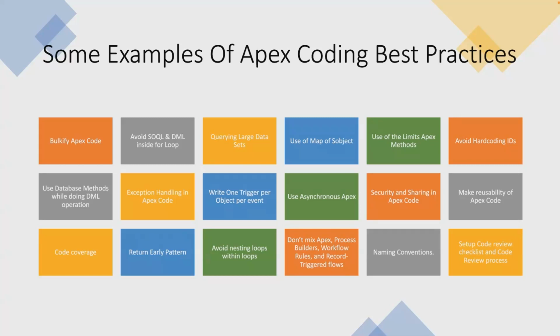It is a very bad practice to keep a record type ID or other hard-coded values in the Apex code. Using Database methods like Database.insert, update, delete, we can do DML operations. Exception handling in Apex is very important.